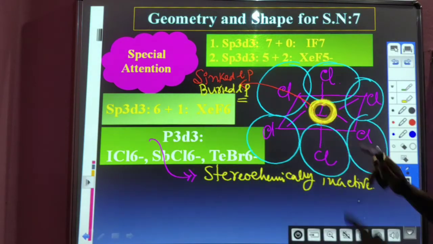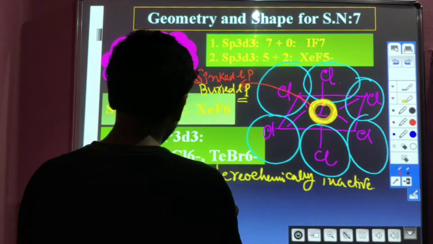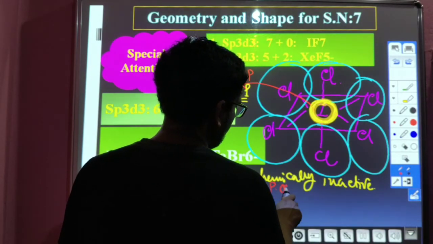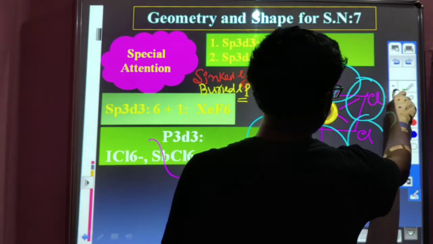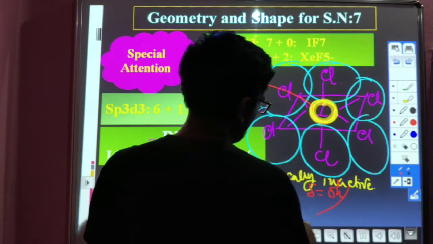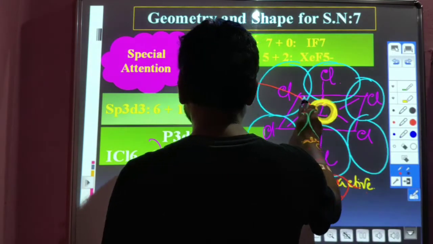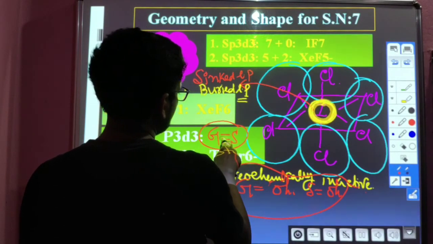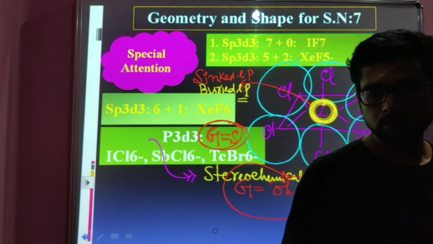So here the geometry will be perfect octahedral, and the shape is also octahedral. Here geometry is equal to shape. Okay.